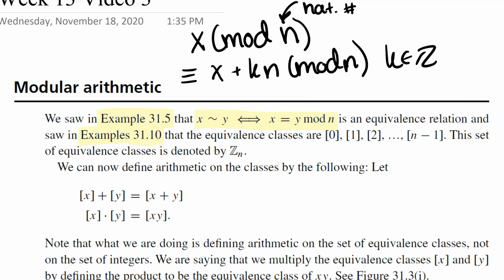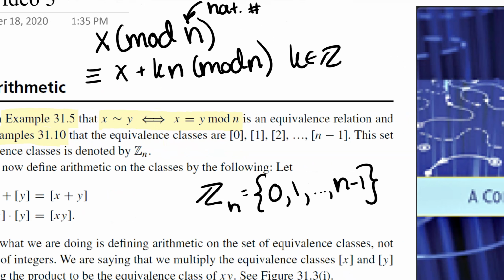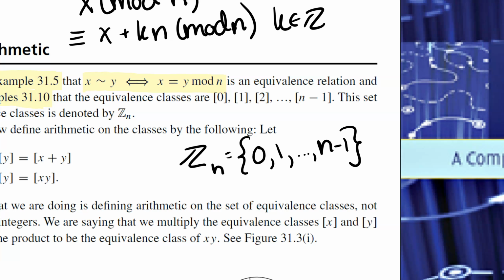This set of equivalence classes is denoted by Z sub n. Typically how people think about Z sub n, and now we're breaching into territory of things that you won't need to know for the exam, people define as 0, 1, all the way up to n minus 1, where everything is modulo n.